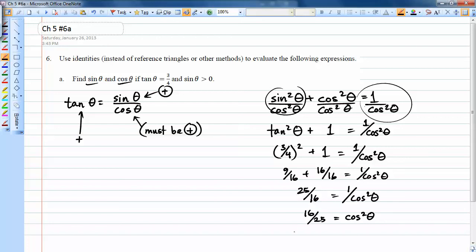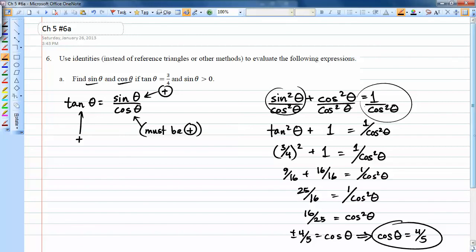And when I take the square root, I get plus or minus 4/5 equals cosine theta. But remember, cosine theta has to be positive, so cosine theta can only be the positive one, 4/5. So there's one answer that we need.